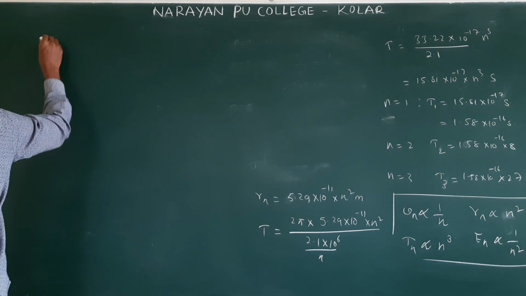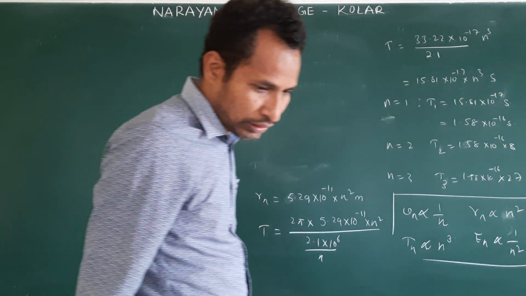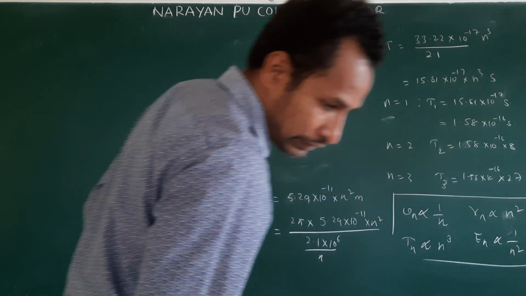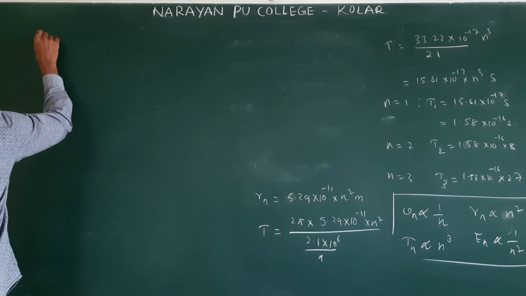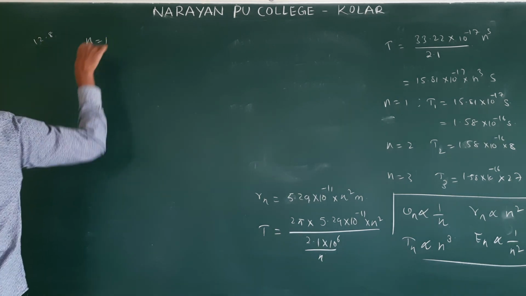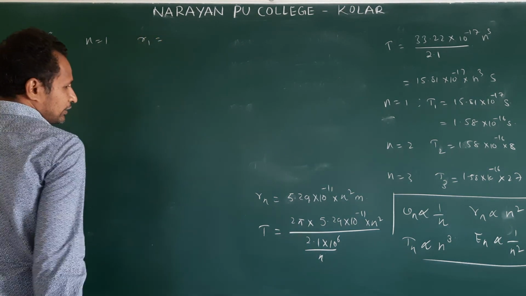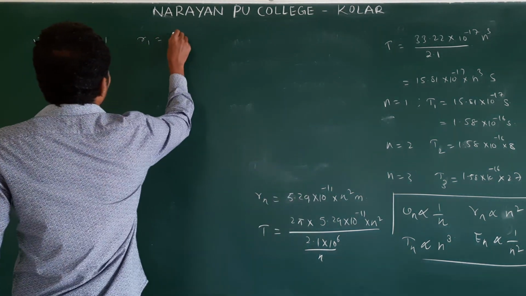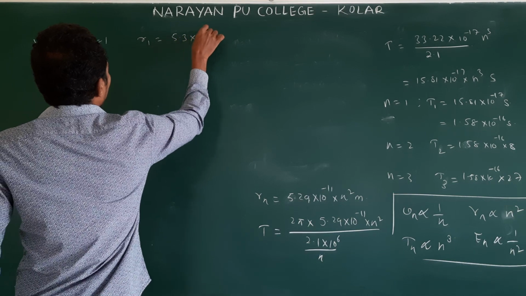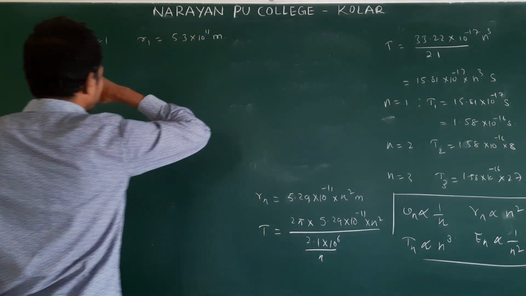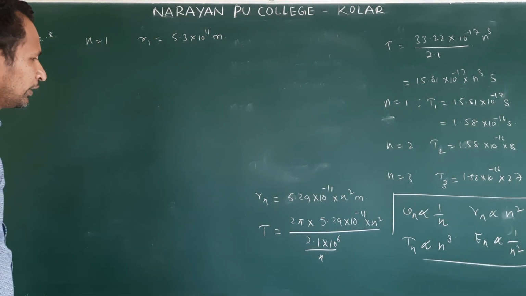Innermost means n is equal to 1. n is equal to 1 means Rn is this, they rounded off. So 5.3 into 10 power minus 11 meters they given. Okay? Correct only.